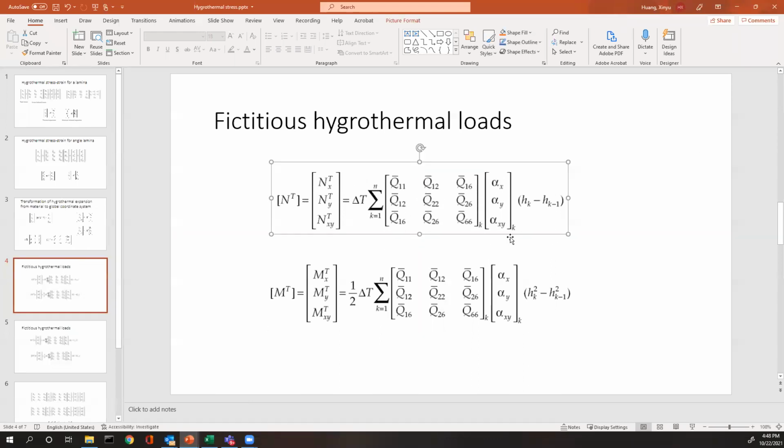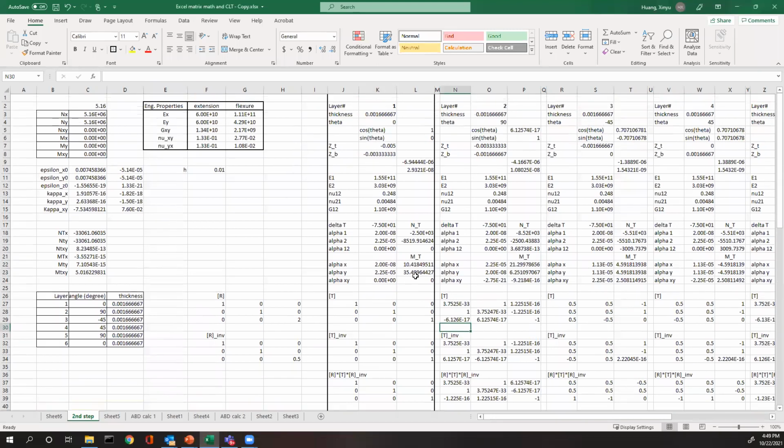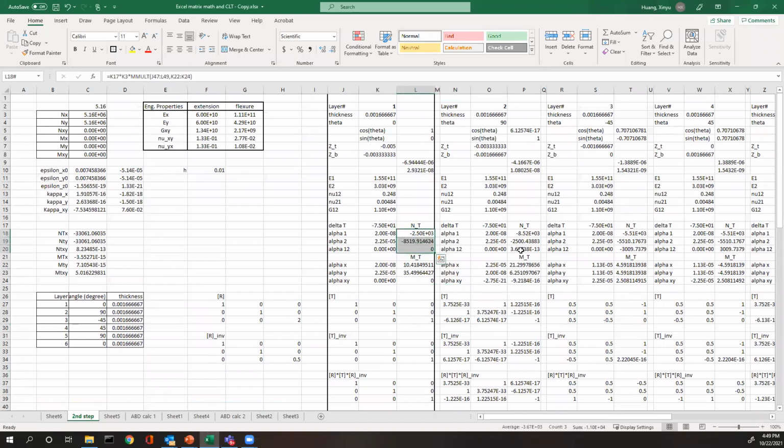Each layer of alpha, and I also have layer thickness. I multiply alpha to Q to layer thickness. I call this thing the NT. Also, I multiply delta T. I call this thing the NT contribution from that layer. Then I do this for all layers. This is the NT contribution from layer 1, this is NT contribution from layer 2, and this from layer 3. And I sum them up to here.